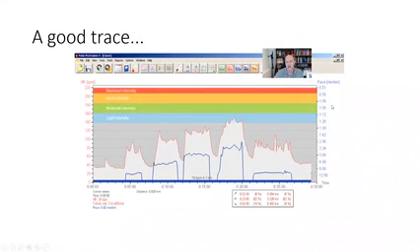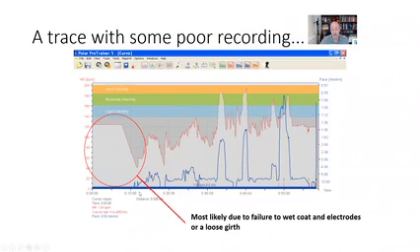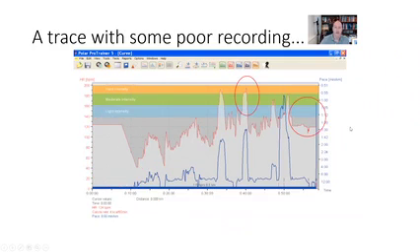We've used this as an example of a good trace. Here's an example of a bad trace. This can happen when you don't get a recording at the start. Usually that's because you haven't wetted the horse's coat down before you put the electrodes in place, or you haven't tightened your girth up enough. We sometimes get them.